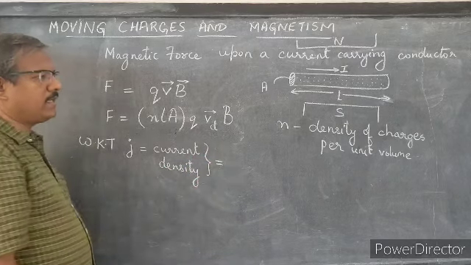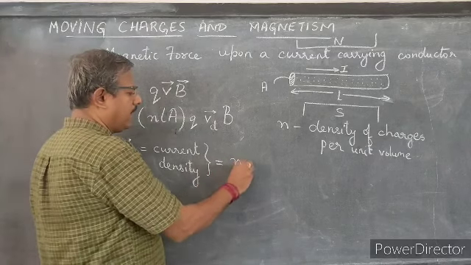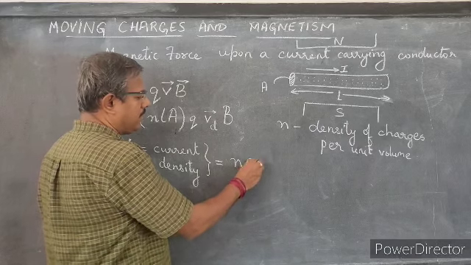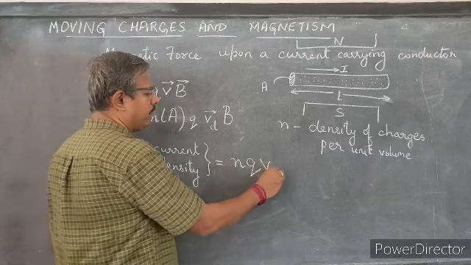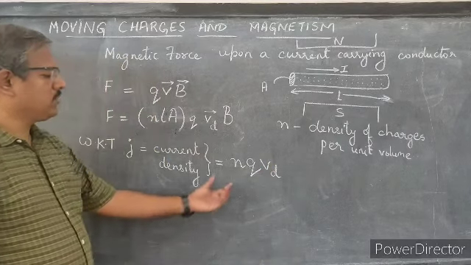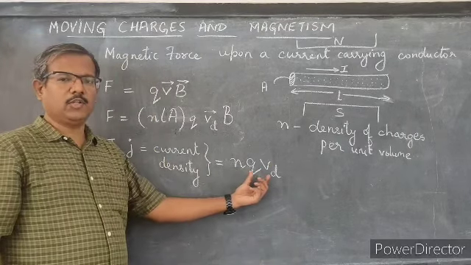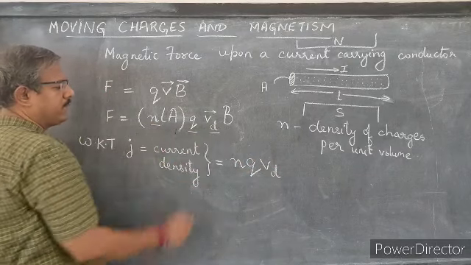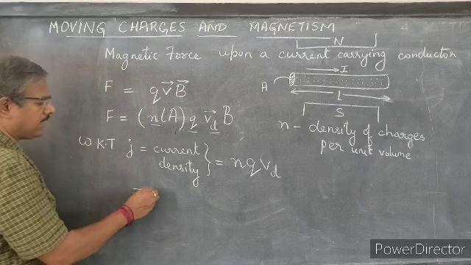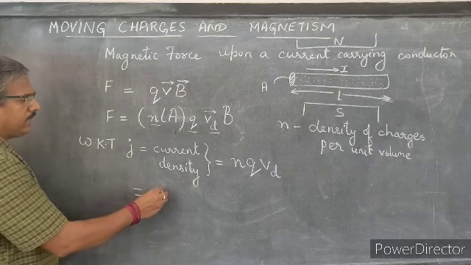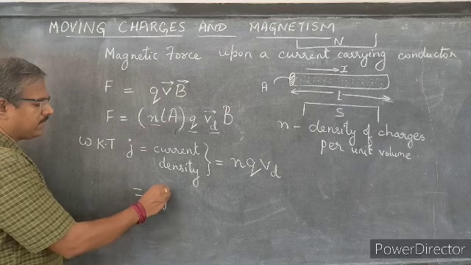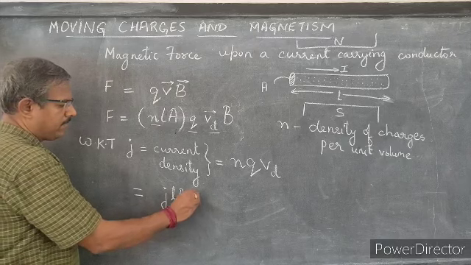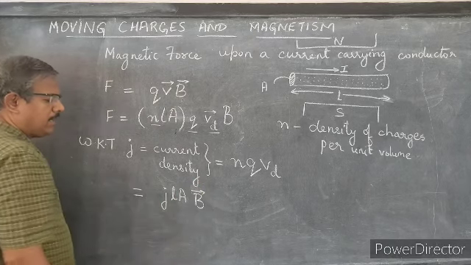And it's given by the number of electrons per unit volume into Q into drift velocity. So J is given by N into Q into Vd. So N, Q, Vd, I club them all together and replace them by the letter J. So my equation now becomes J, L, A into B.